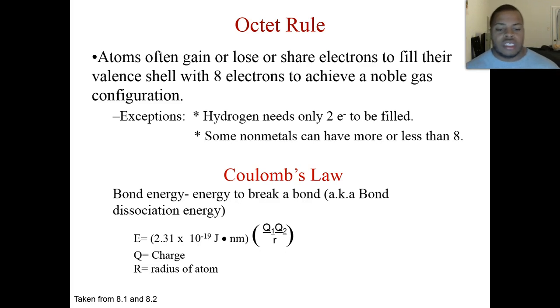So we have our constant here, 2.31 times 10 to the negative 19 joule nanometers, times this quantity here, where Q1 deals with the charge on the first ion, Q2 is for the second ion, and r is again the radius, or distance. This is going to let us know, based on the distance and the charge we have between these two atoms, where their lowest stable point might be.